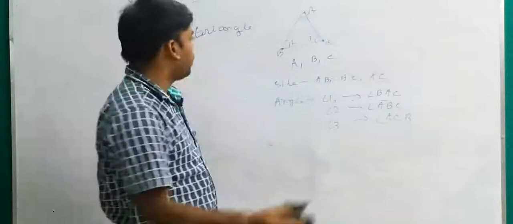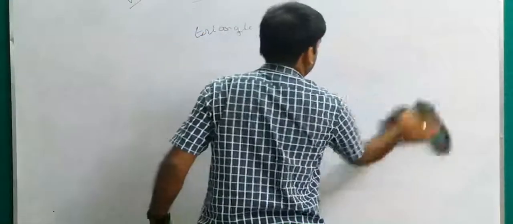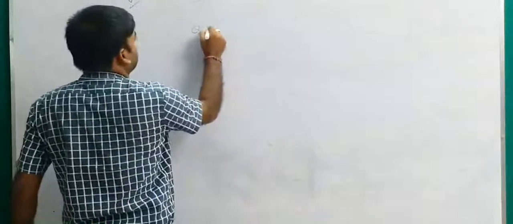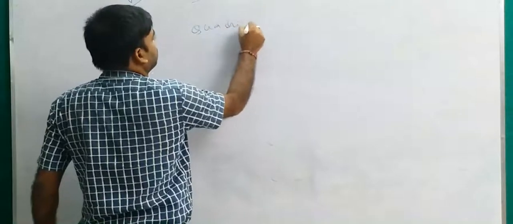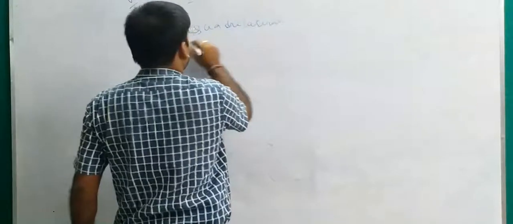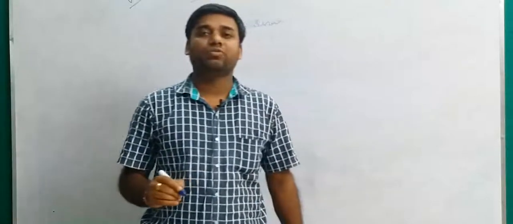Next, moving on, quadrilateral. What is a quadrilateral? A quadrilateral means a simple closed curve having 4 sides.